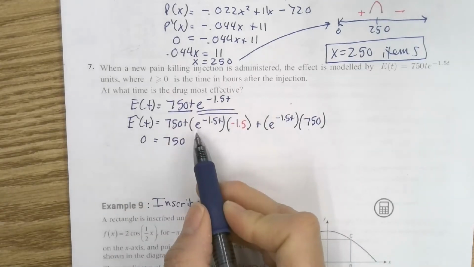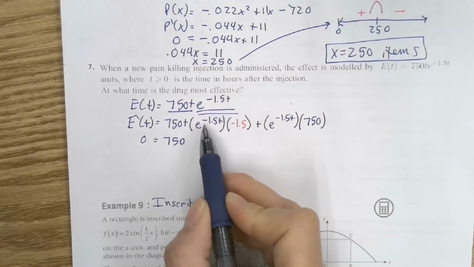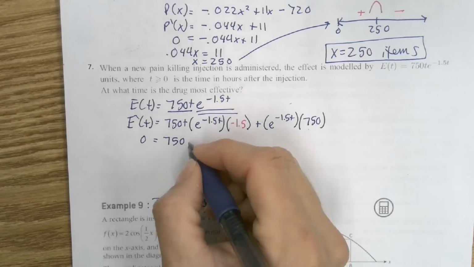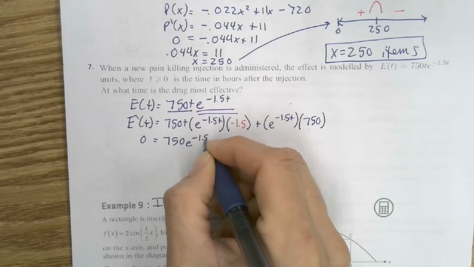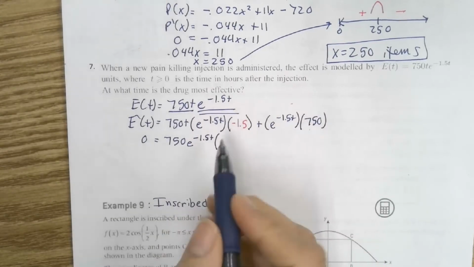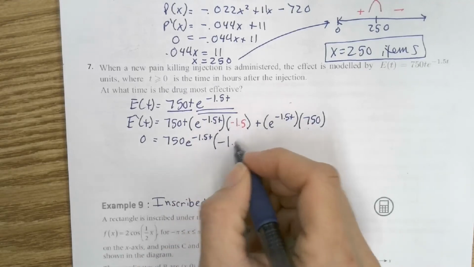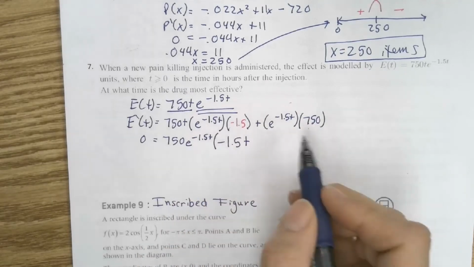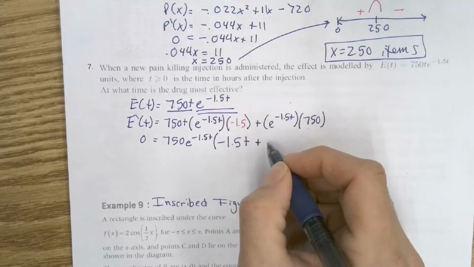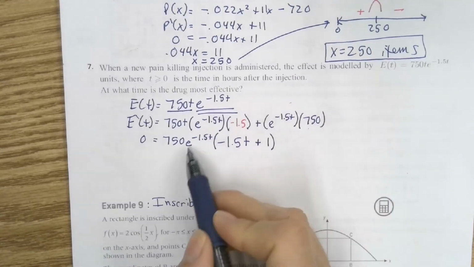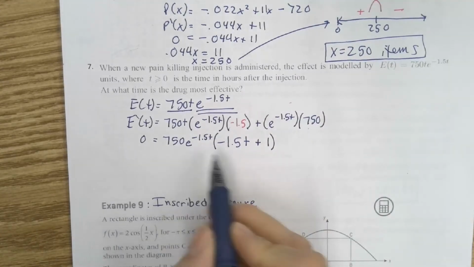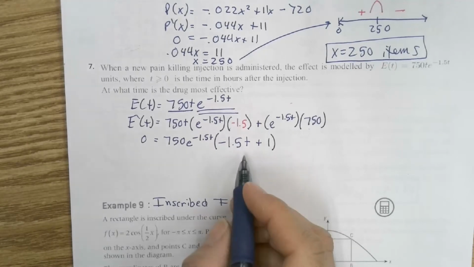I also can factor out an e to the negative 1.5t. And what that leaves me with here, I'm going to have that t left over and negative 1.5. And on this side, I'm just going to have plus 1, since that completely factors out to the front. And we're going to set both of these expressions equal to 0.